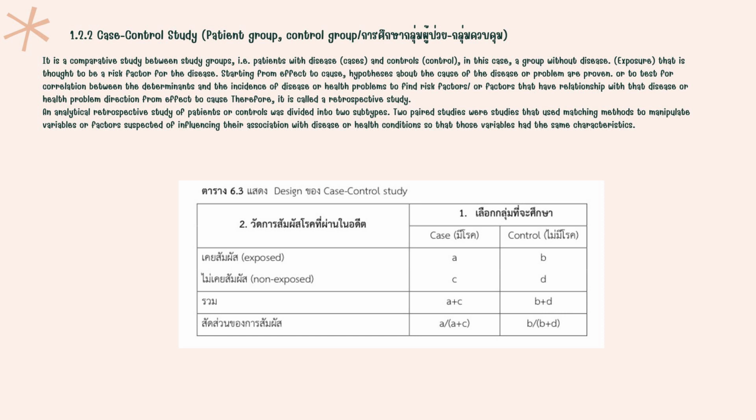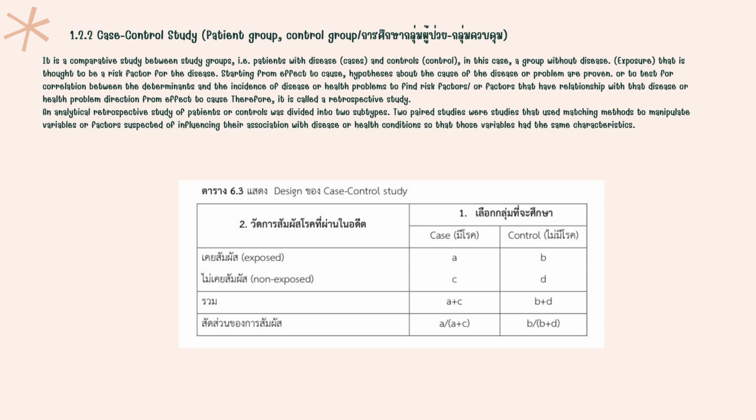It starts from the effect to the cause, with hypotheses about the cause of the disease or problem proven, or tests for correlation between the determinant and the incidence of disease or health problem, to find risk factors that have a relationship with that disease or health problem, in the direction from effect to cause.